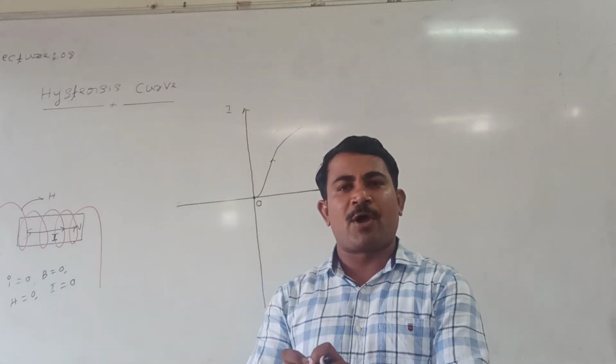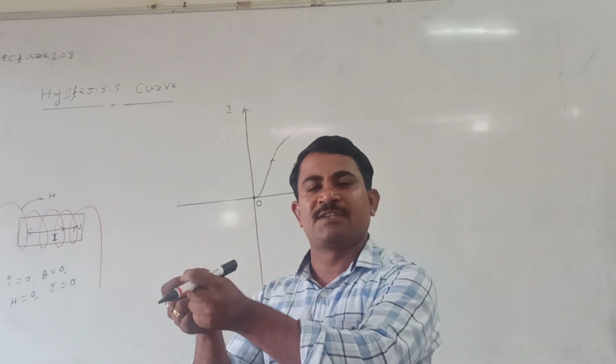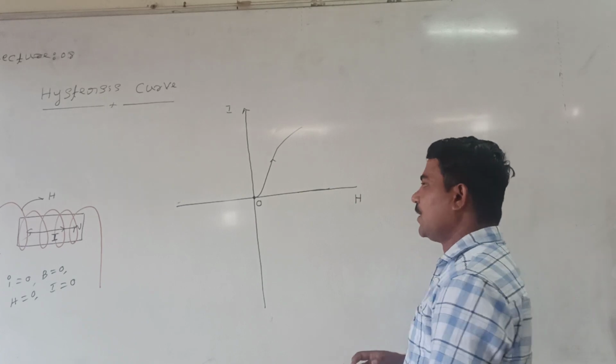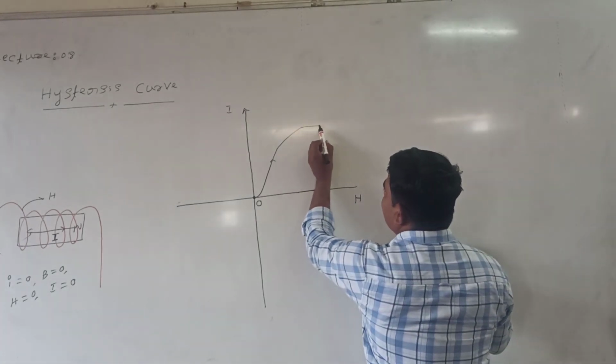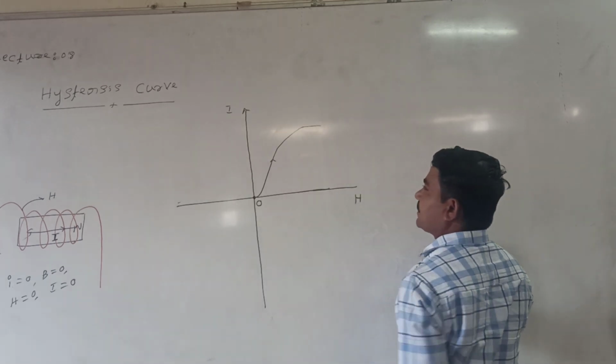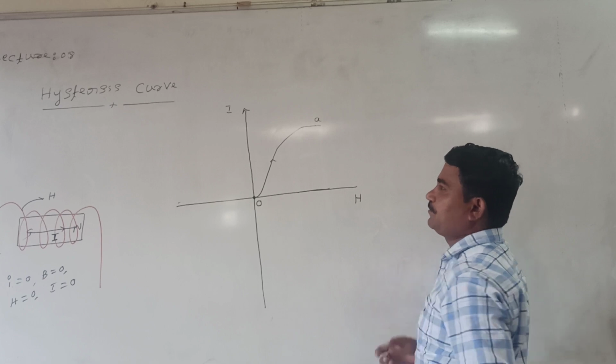At that point, if magnetic intensity increases, there is no further increase in magnetization. See here, at this point the magnetization remains the same if we increase the magnetic intensity. So this point we call the saturation point.